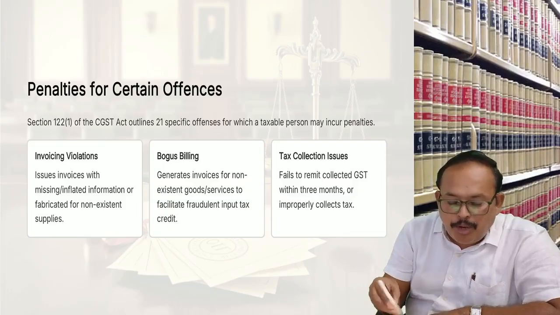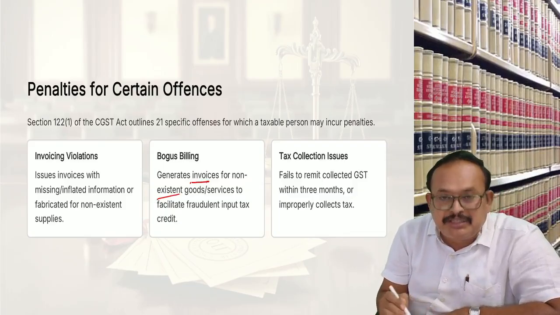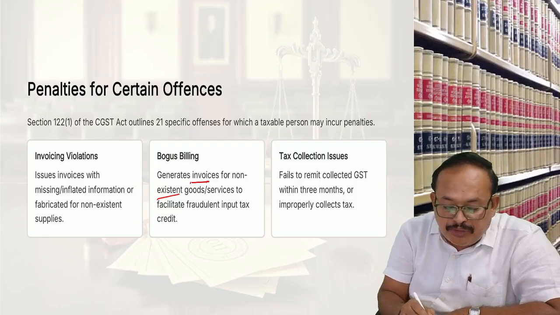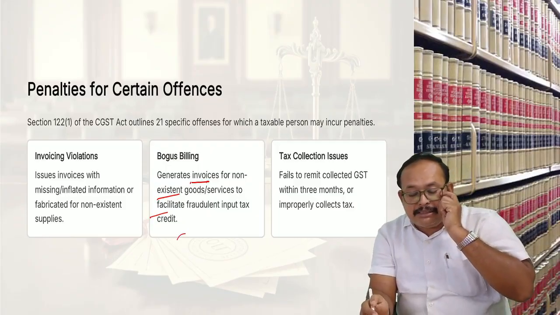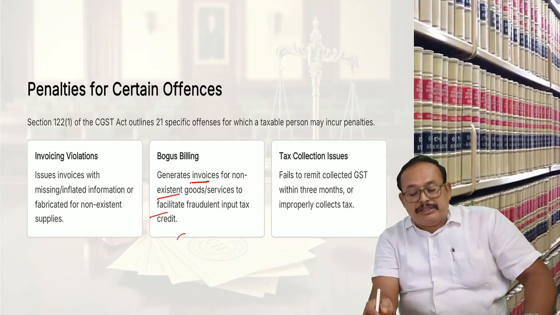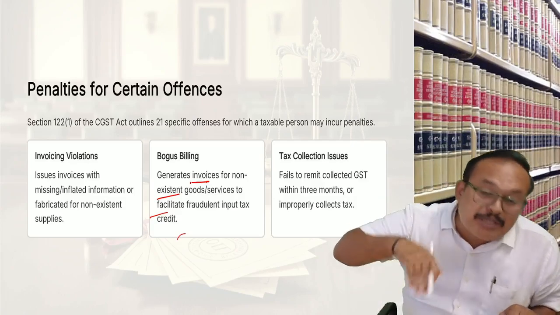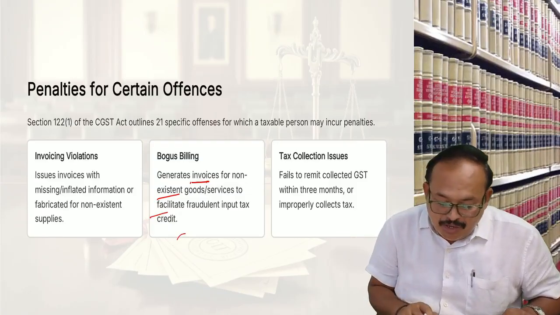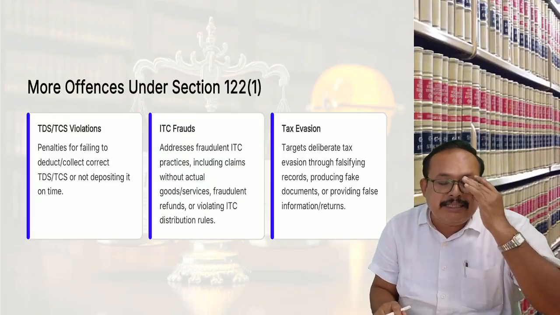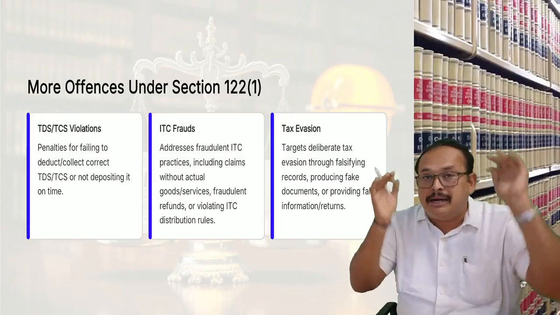Or bogus billing: generating invoices for non-existent goods or services to facilitate fraudulent input tax credit. Or tax collection issues: fails to collect the tax, or collects the tax but fails to remit to the department. These are offences, including TDS, TCS: required to collect but not collected, or collected but not remitted.